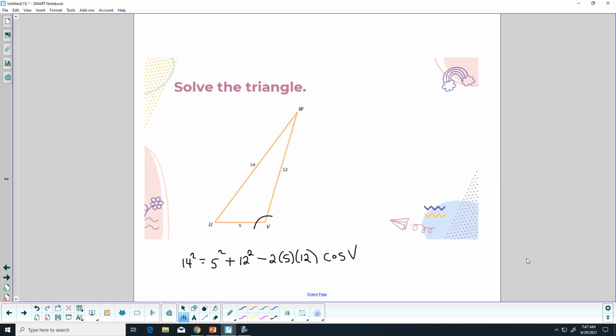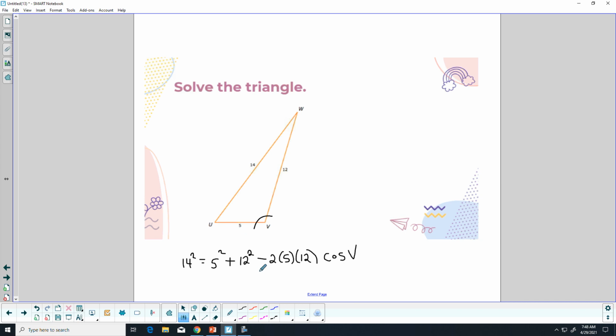Well, it's calculator work this time. So I'm just going to put everything in my calculator, but I'll talk through it. I'm going to take 14 squared, then minus 5 squared, minus 12 squared. At this point I have 27.